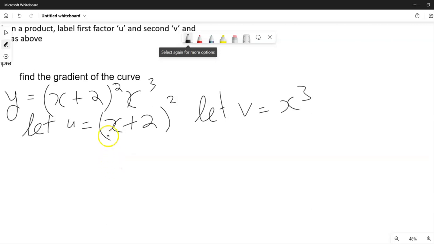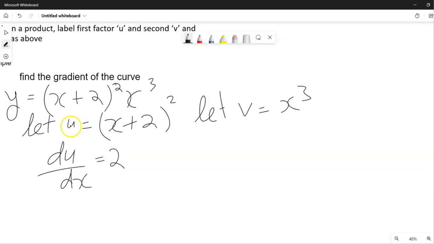So du by dx is gonna be the differential of outside, so that's 2 times x plus 2, power decreased by 1, times the derivative of the inside, so that will be times 1. Why? Because we have x alone here, and when you differentiate x, I get 1, right?